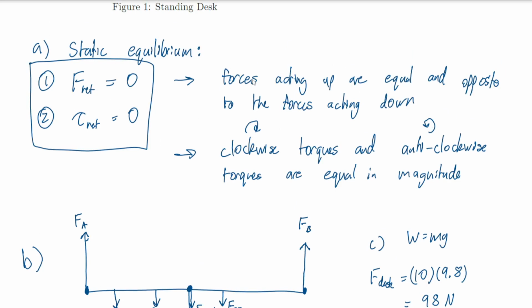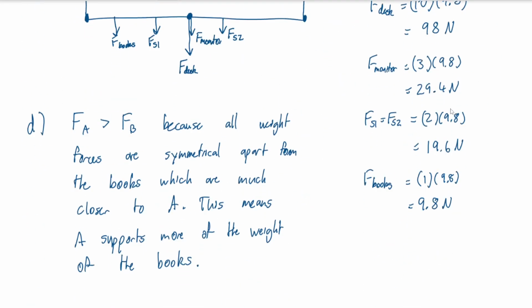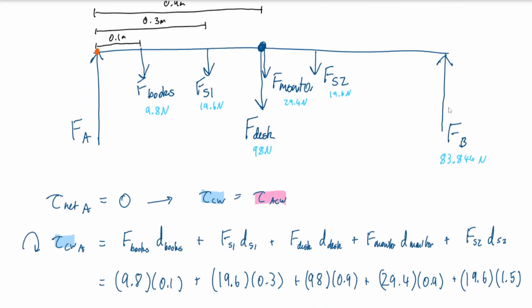And what we mean by that is the forces acting upwards are equal and opposite to the forces acting downwards. So actually, let me use a different color for that one. So all of these weight forces acting down, we'll add them together, and the support force at A and B must add together to be the same value, right? Because they're going in an opposite direction.